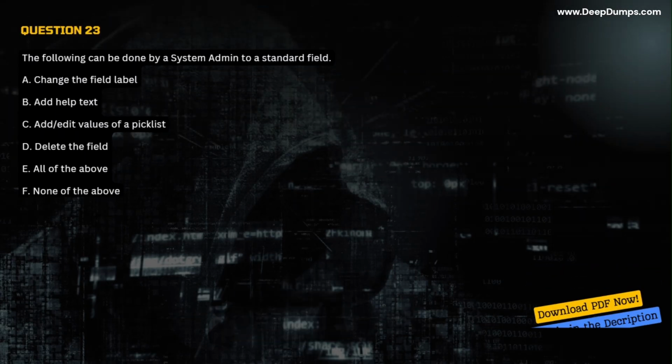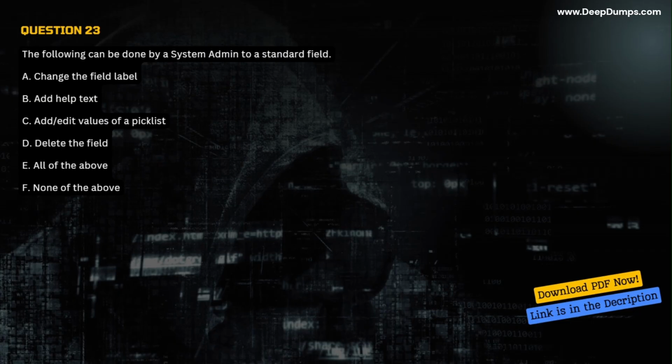Question 23. The following can be done by a system admin to a standard field. A. Change the field label. B. Add help text. C. Add/edit values of a pick list. D. Delete the field. E. All of the above. F. None of the above.